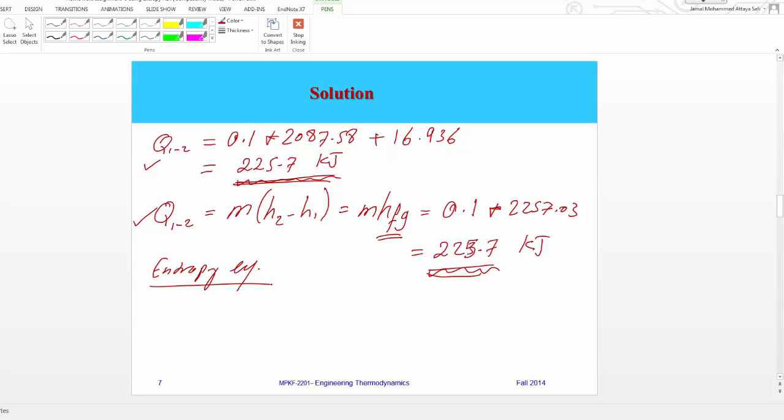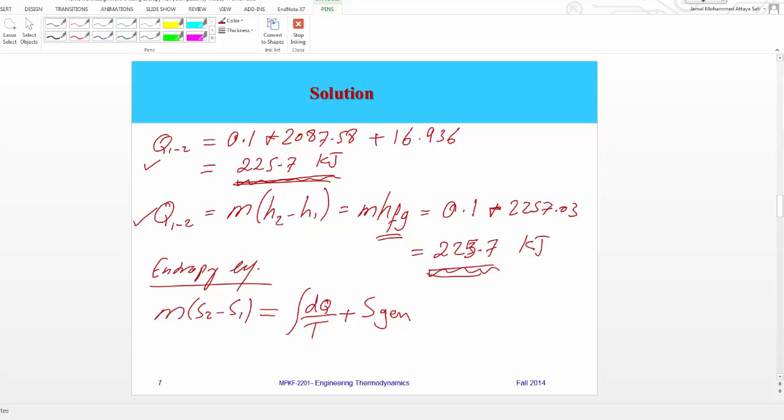And you know it. We said that m(S2 minus S1), this is from chapter 7, is equal to the integration of dq divided by T plus the S generation, or the entropy generation.